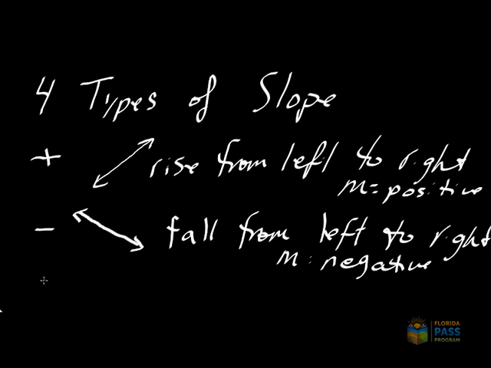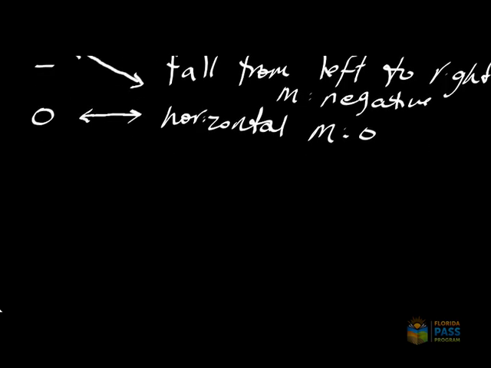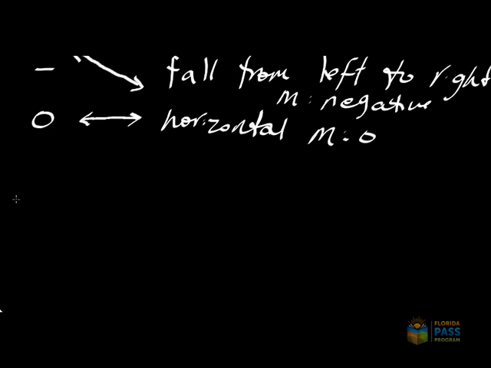Now you have your zero slopes. Zero slopes are horizontal lines that move straight across the page. The slope is 0, which is why they call it a zero slope. Very easy to remember.